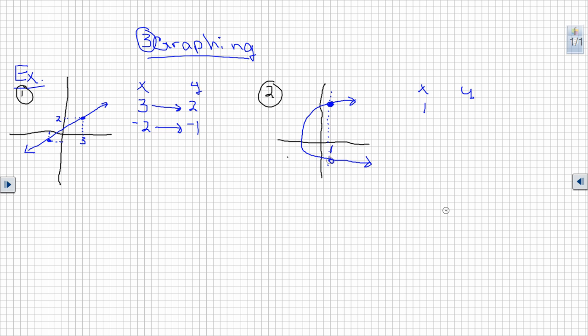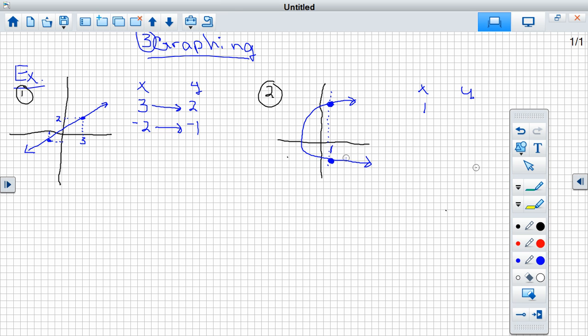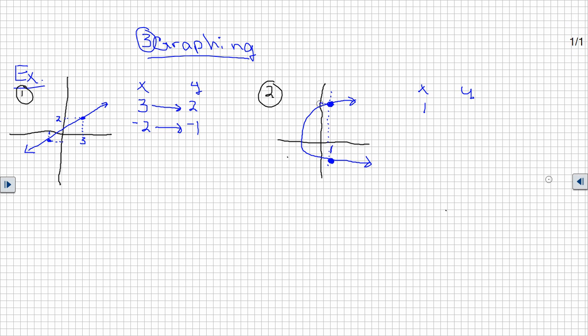Then there's this point down here where x is 1 as well. So if there are 2 spots where x is 1, that means that when x is 1, y could be 5, or when x is 1, y could be negative 3.